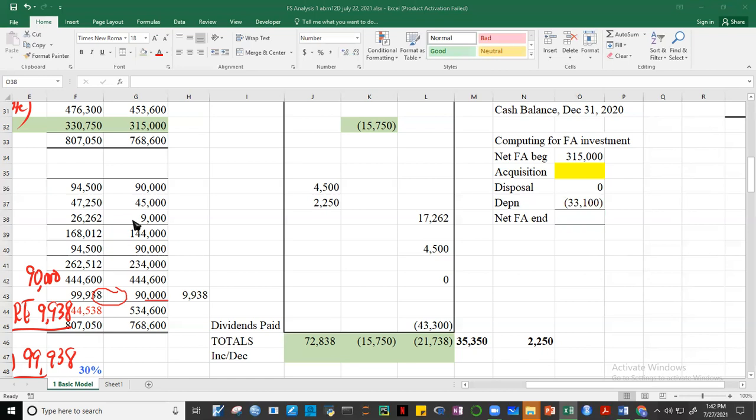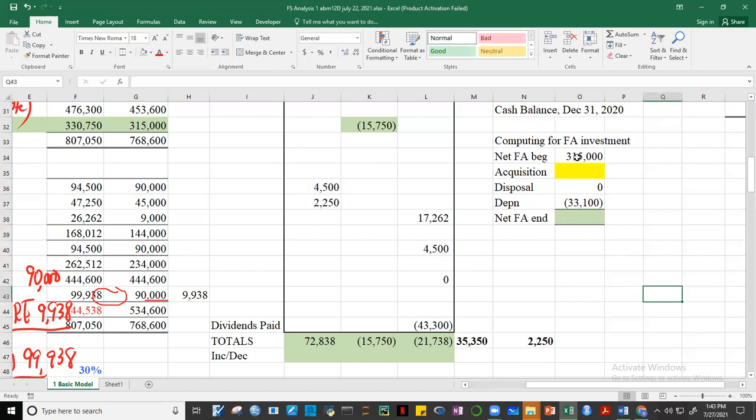Negative 315 at saka 33,100. Okay, pero Marian, that only considers yung dalawa lang, no? Eh kaso apat yung items natin. So dapat lahat ito i-consider natin. But thank you Marian for the answer, no? Sabi ko, paano natin makukuha itong net fixed assets end?